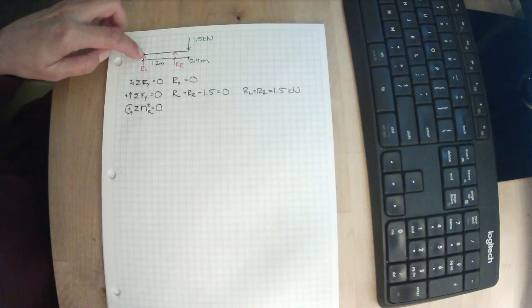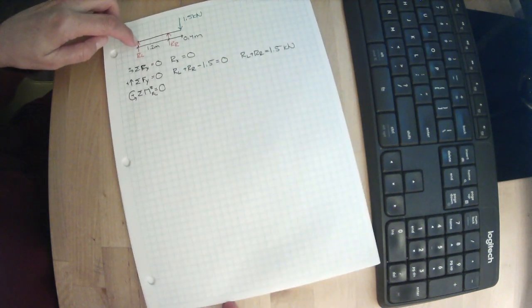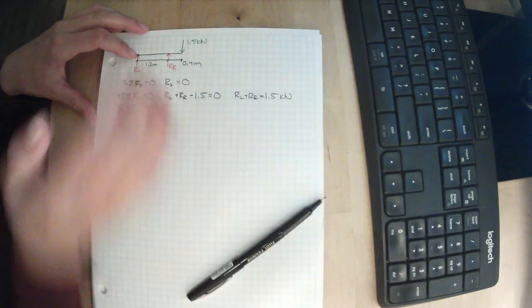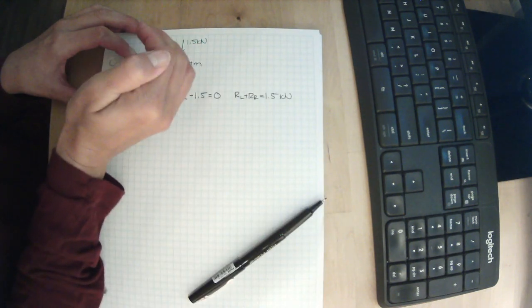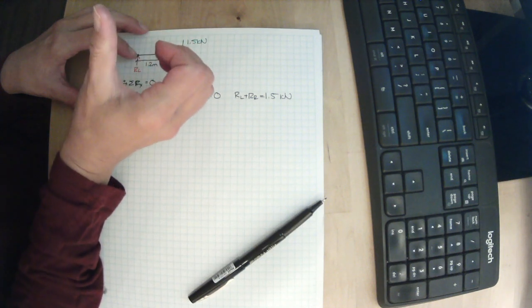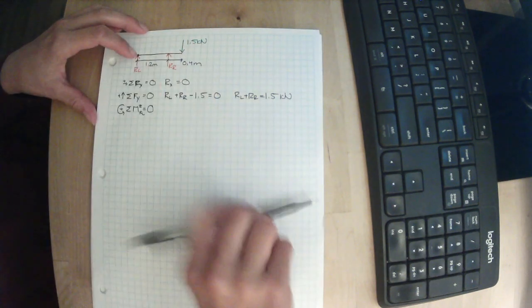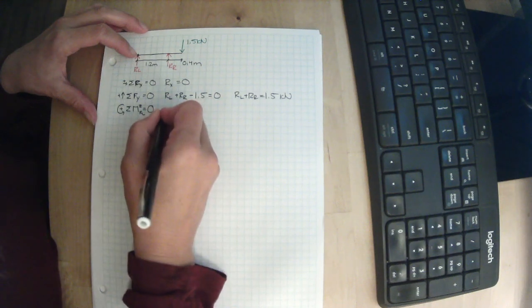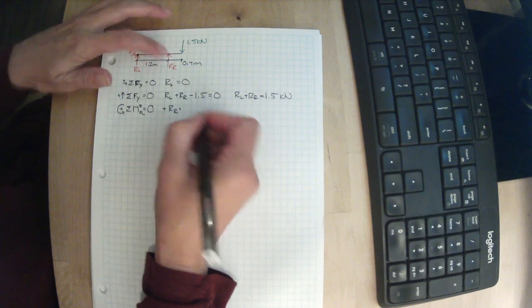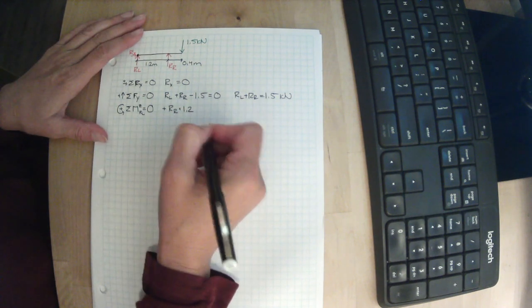Our RR tries to push our paper in that direction. It tries to make it spin in that direction. Knowing it's spinning in this direction, curling our fingers, our thumb tells us that that is a positive moment. So plus RR times its eccentricity, which is 1.2 meters.